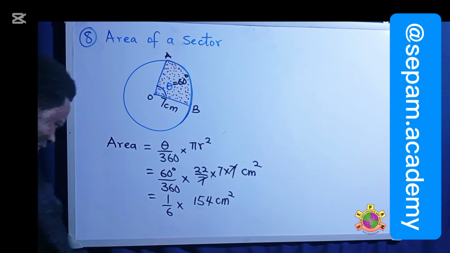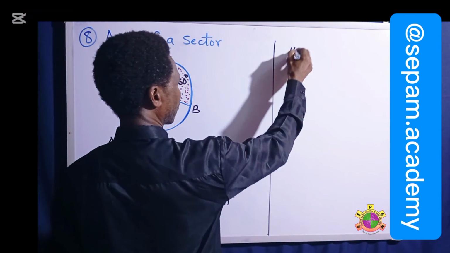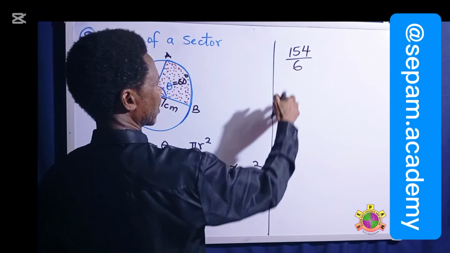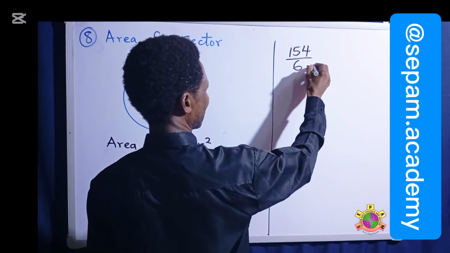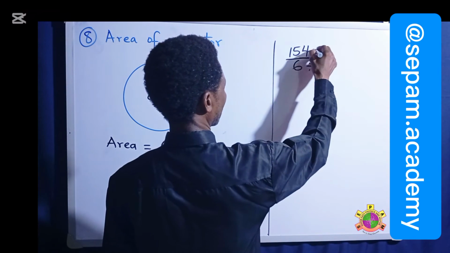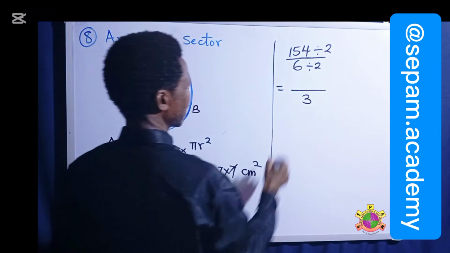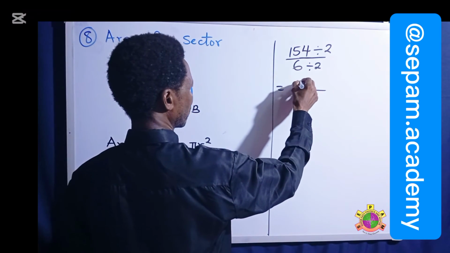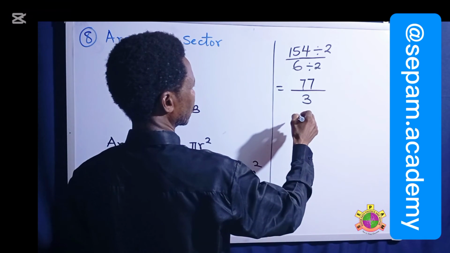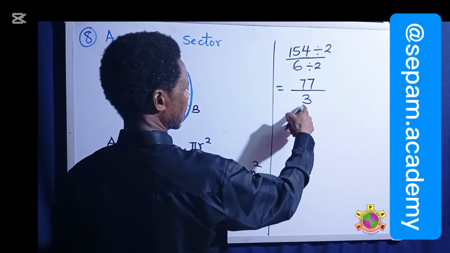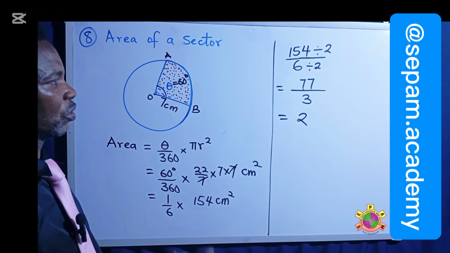So if you divide this, we can do it now. You have 154 divided by 6. Anything that can divide the denominator, use it to divide the numerator. So I can divide by 2 and also divide by 2. The denominator is 3, then the top is going to be 77, all over 3. So 3 goes into 7 twice, remainder 1.